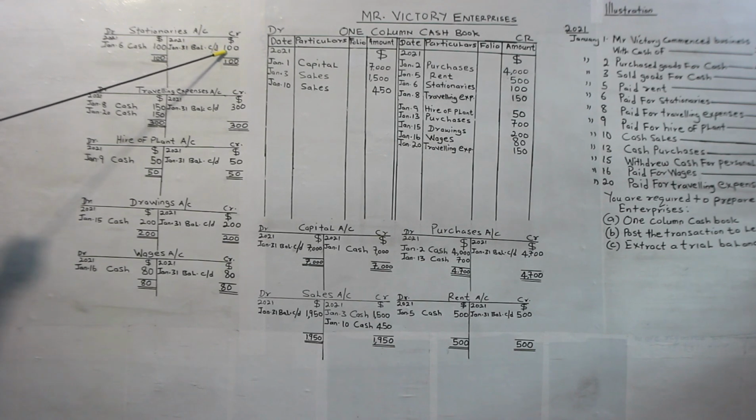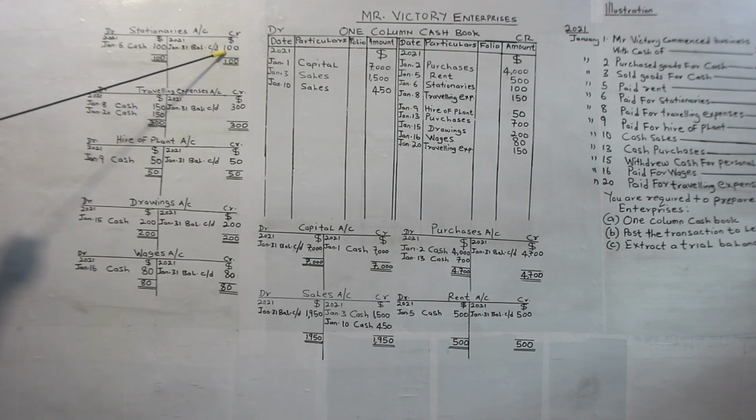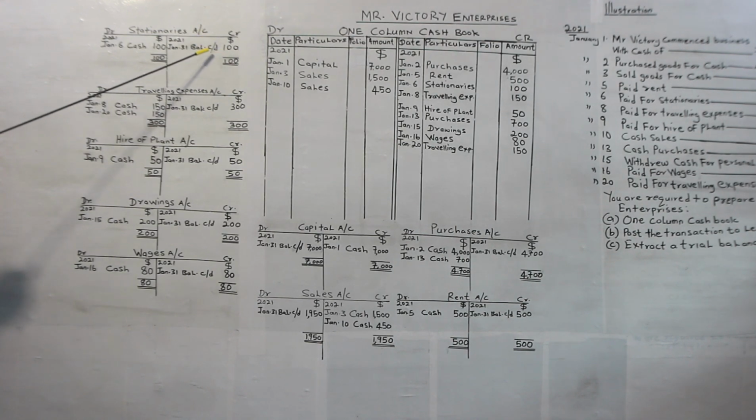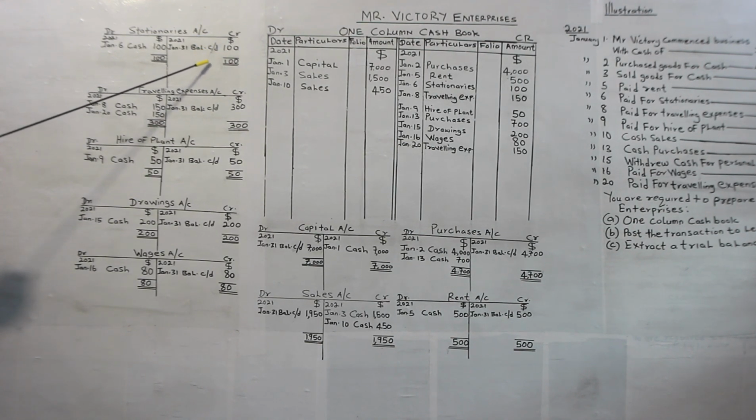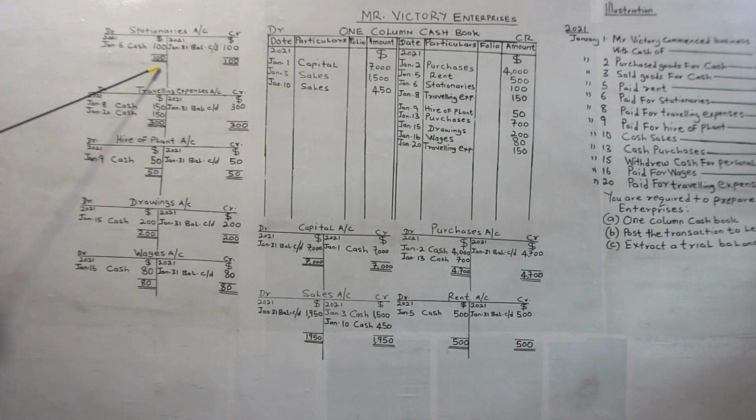Now this balance carried down does not end here. Any balance carried down goes to the other side of the account to become the balance brought down. For instance, since the balance carried down in stationery's account is on the credit side of the account, the balance brought down must definitely be on the debit side, under this 100.